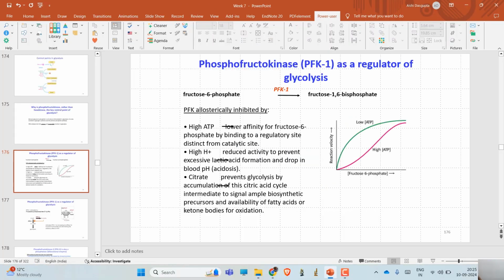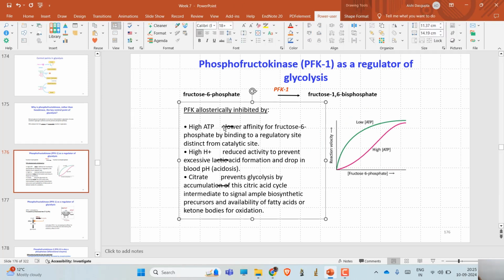So we'll talk about phosphofructokinase. When there is high ATP, it has lower affinity for fructose 6-phosphate by ATP binding to the regulatory site, which is quite distinct from the catalytic site, right? Then high H plus concentration will reduce activity to prevent excessive lactic acid formation and a drop in blood pH.